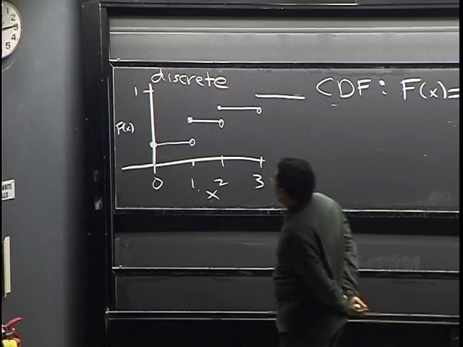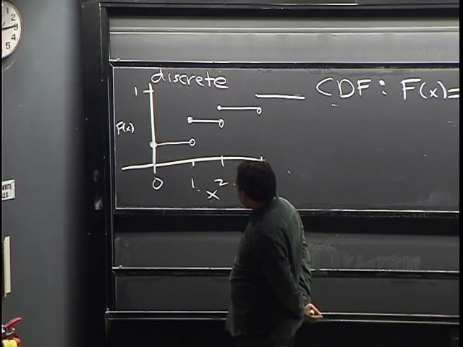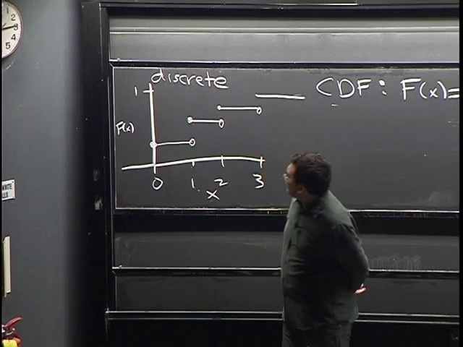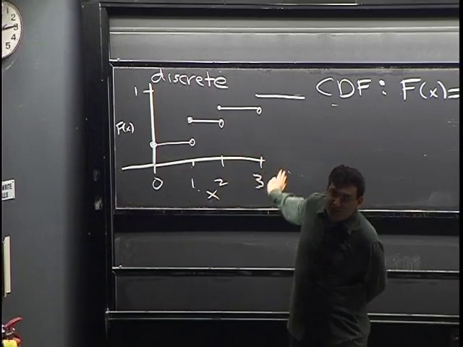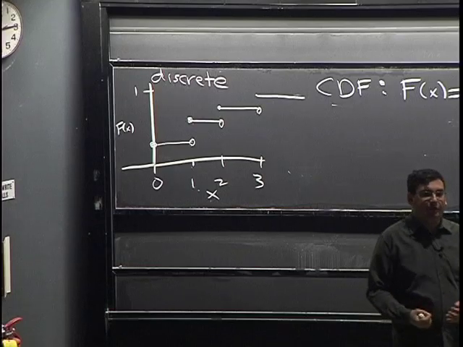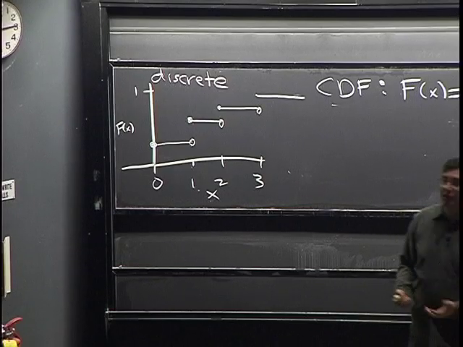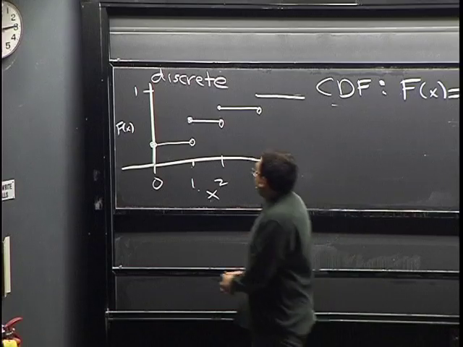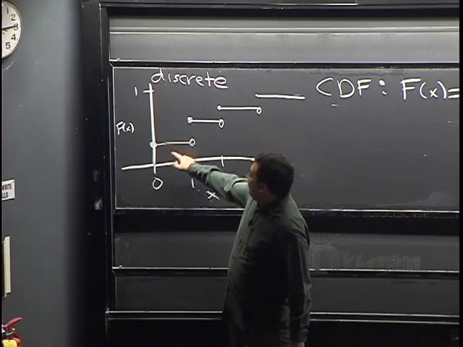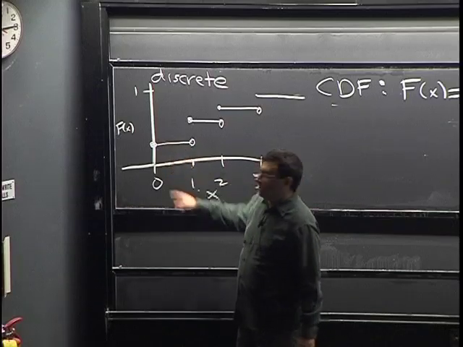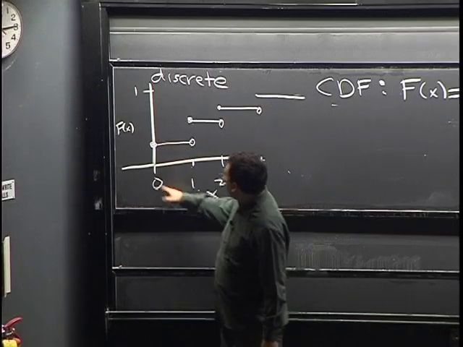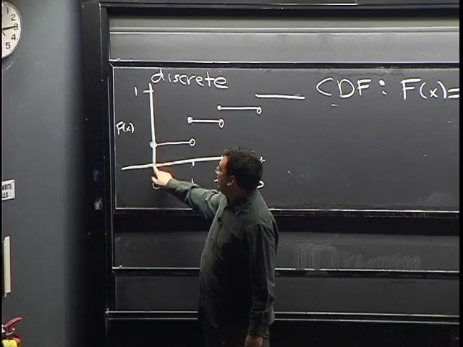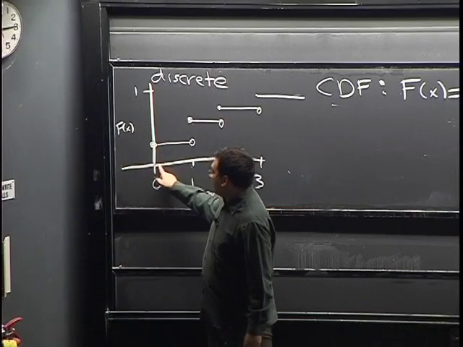One thing we can notice about this: we're talking about CDFs now, and we talked about PMFs before, so just to help connect those two concepts. If we wanted the PMF, geometrically, it's just the jump sizes. Here, this is saying this is the probability that X can't be negative.